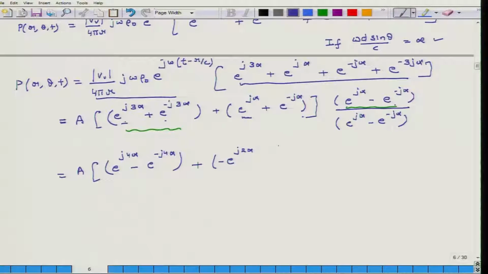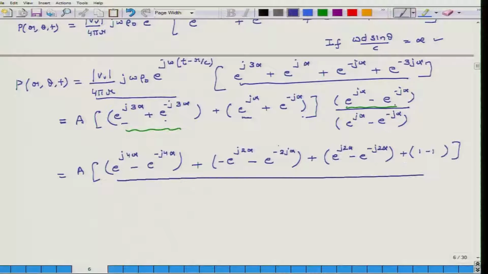Then when I do the other multiplication, I get minus e to the power of j alpha minus e to the power of minus 2 j alpha, and then I get a third bracket, which is e to the power of j 2 alpha minus e to the power of minus j 2 alpha, and then finally I get 1 minus 1, and in the denominator I get e to the power of j alpha minus e to the power of minus j alpha.